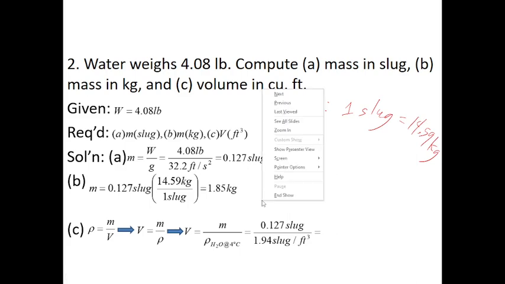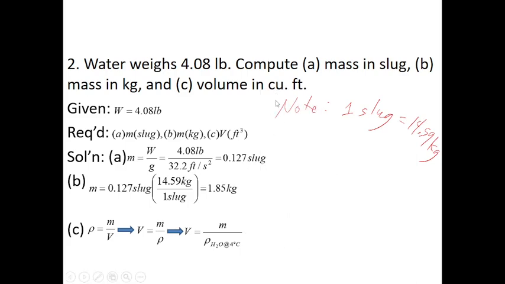As you notice, there's no mentioned temperature in the problem, right? So if there's no mentioned temperature, you can use the standard density, which is measured at a temperature of 4 degrees Celsius. The standard density of water is 1,000 kilograms per cubic meter, 1.94 slug per cubic foot.